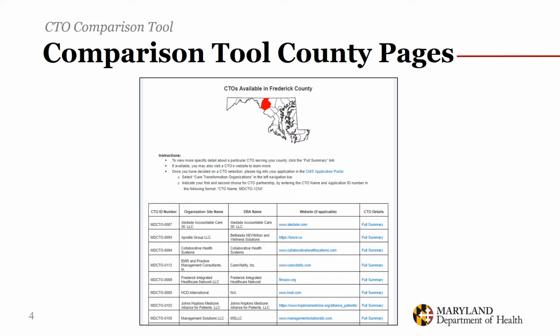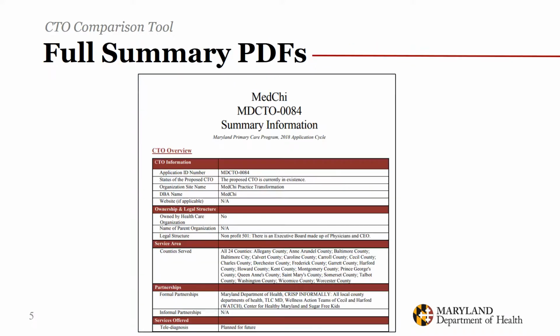One quick disclaimer to mention here. The information in these summaries is based on what CTOs provided in their applications, so it's entirely self-reported. The state and CMS don't make any guarantees about the accuracy of this information or what's on a CTO's website. Each of those full summary links will take you to a PDF summary that opens in a new tab.